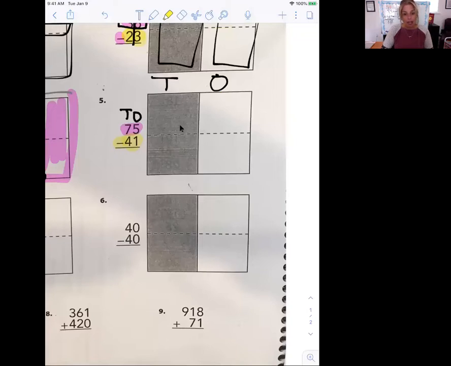After you have done that, you will subtract your ones first, and then your tens. You're solving this problem here. Go ahead and do that, and then see if you can match up your picture. Pause your video and come back for number 6.